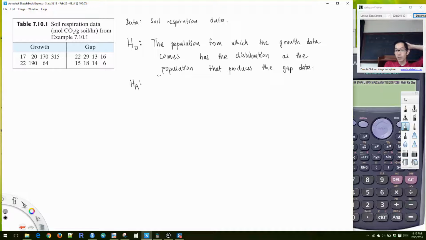The alternative can be something like the population that produces the growth data... I'm going to break this up into the non-directional equivalent, and then the less than equivalent or the greater than equivalent.